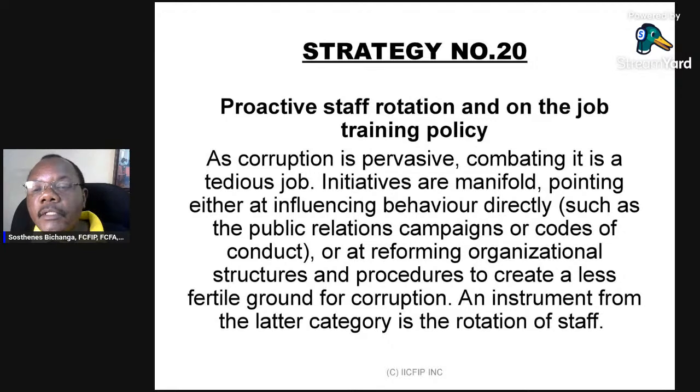To date, there is no clear empirical evidence proving the bribery-reducing impact of staff rotation. Several ad hoc arguments can be raised that cast doubt on the effectiveness of rotation instruments.